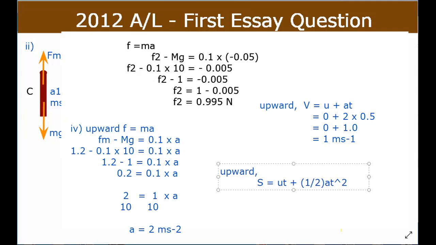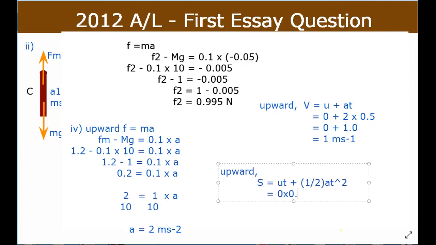Send your answers to my Zoom chat there. If you have found S, send me the value of S. Let's see. Initial velocity is 0, so U is 0.